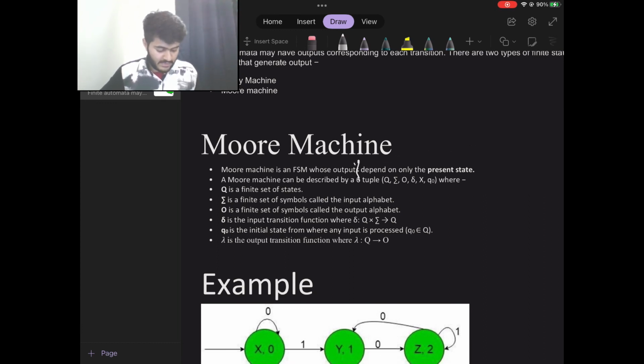Let's try another one, a Mealy machine that takes a string input, and for every occurrence of, sorry, AB, it will give us 1 as an output. So let's start this. Q0 is the initial state, A goes to Q1, B goes to Q2.